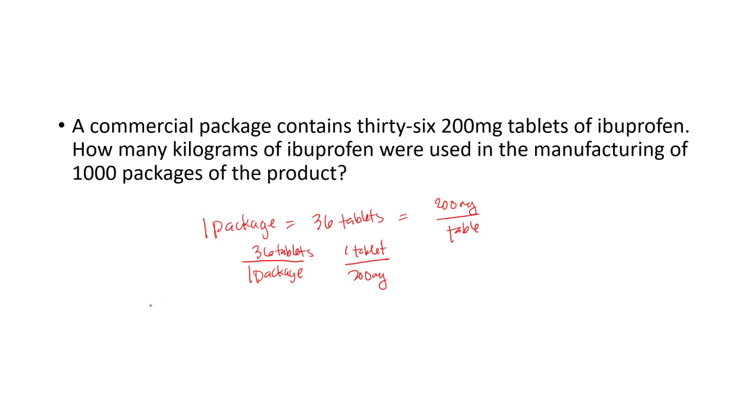You simply need to multiply them all together. 1,000 packages. The conversion factor is one package is 36 tablets. Next is the next conversion factor. One tablet is 200 milligrams. Okay, I think you need kilograms, right?